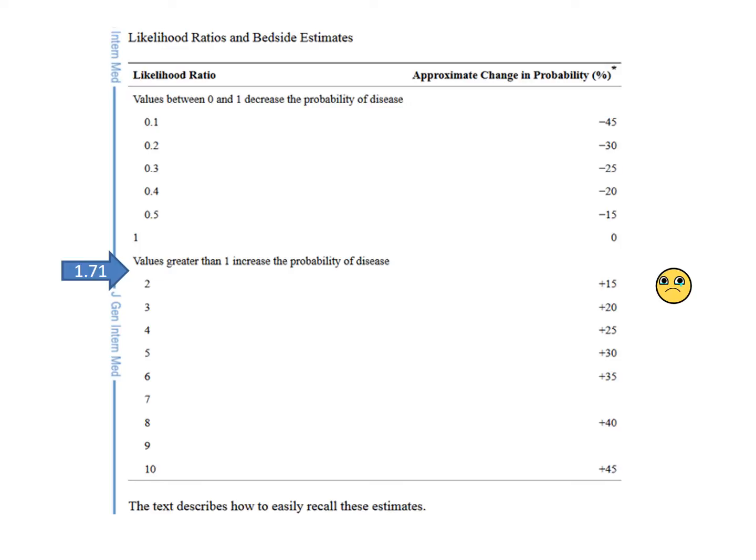From a Google search and from a website of stats made easy for people, I found the likelihood ratio of 1.7 would increase the chance of probability of the diagnosis by 10%.